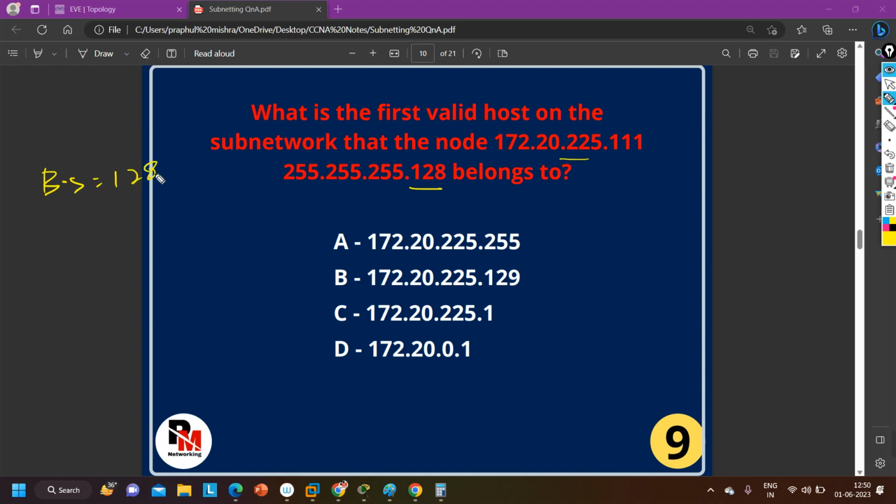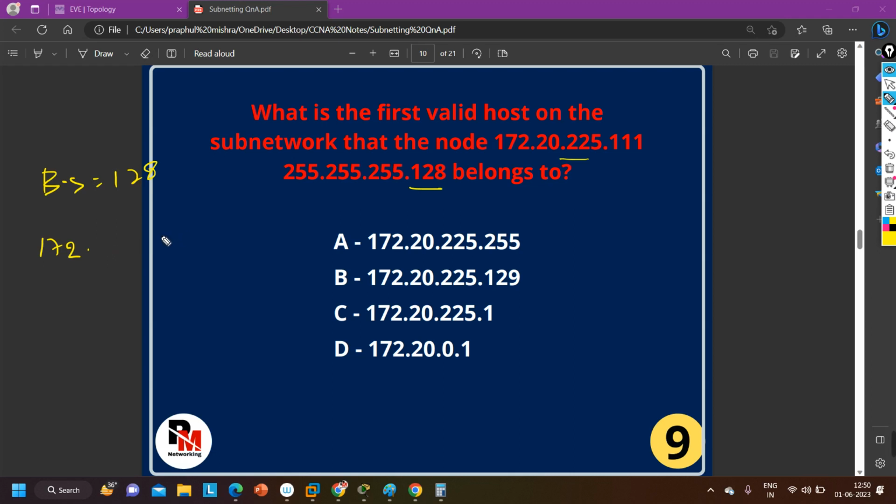I found 128, option C is correct. Option C? Yeah, let me check. Block size is this one. My first network will be 172.0.0.0. Second network will be not this one.